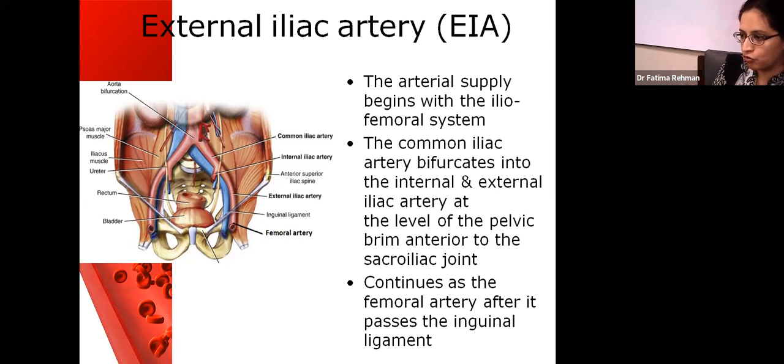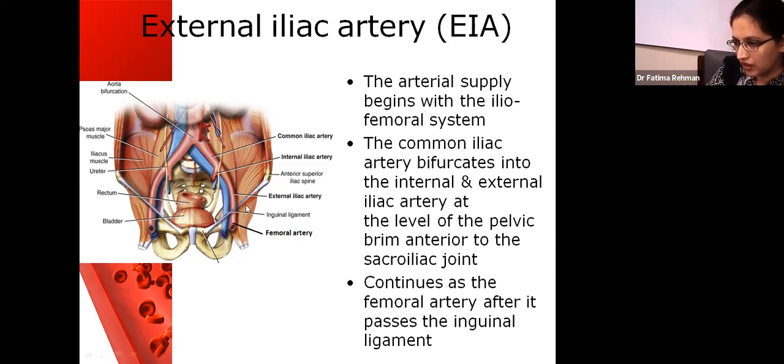और उस pelvic brim की level के ऊपर, that is an important anatomical landmark, the common iliac artery is bifurcated into the internal and the external iliac artery. The external iliac artery continues forward. It passes underneath the inguinal ligament.